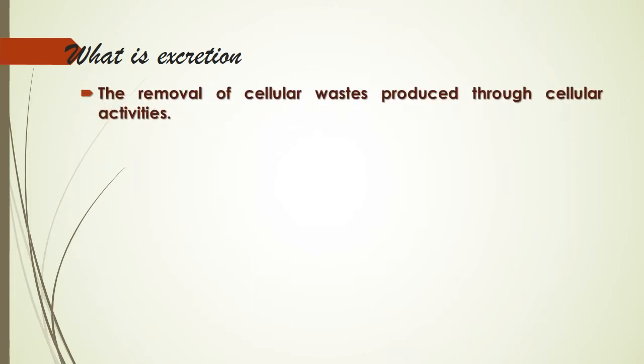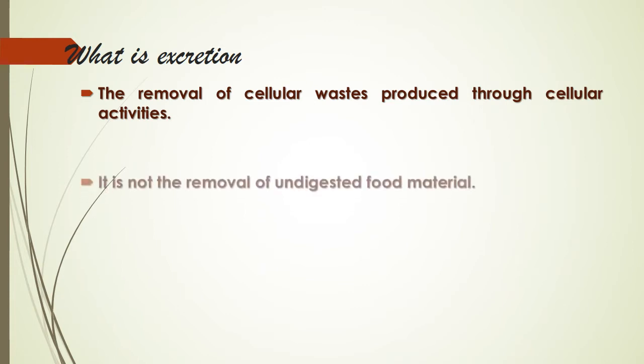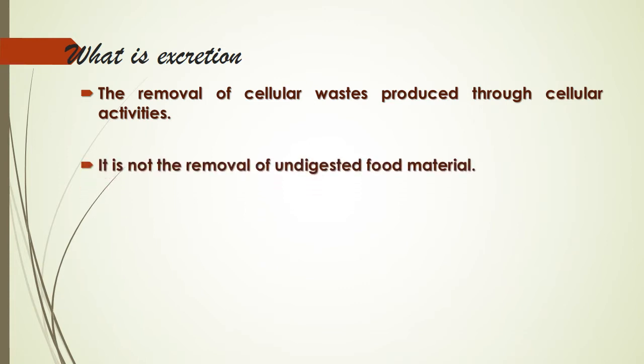What is excretion? The removal of cellular waste, especially through metabolic activities. So when it goes outside, out of the cell, out of the body, that's excretion. And of course, it is not the removal of undigested food material, meaning fecal matter.